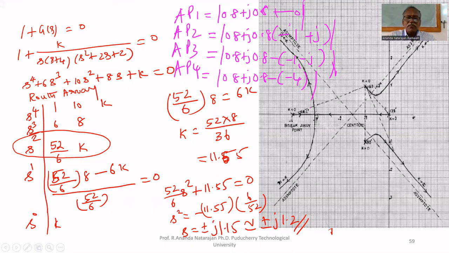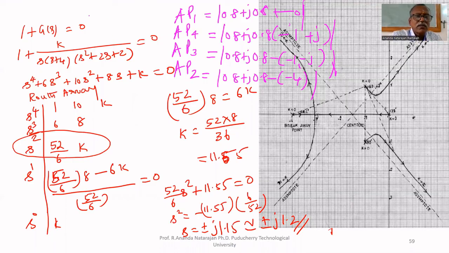This is P1, P2, P3, P4. By calling the polar function, you can find the magnitudes and multiply.